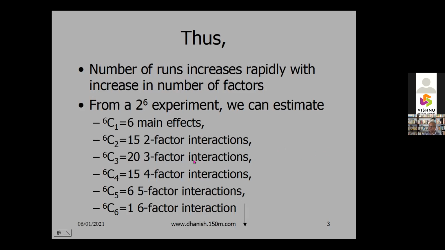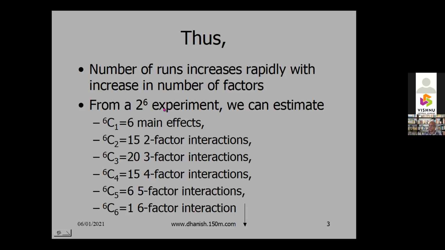Then 3-factor interactions, ABC, ABD, ABE, ABF, etc. So taking 3 factors at a time, we'll get 20 3-factor interactions. 4-factor interactions, 15. 5-factor interactions, 6. 6-factor interaction, 1. So these are the possible interactions that can be computed.